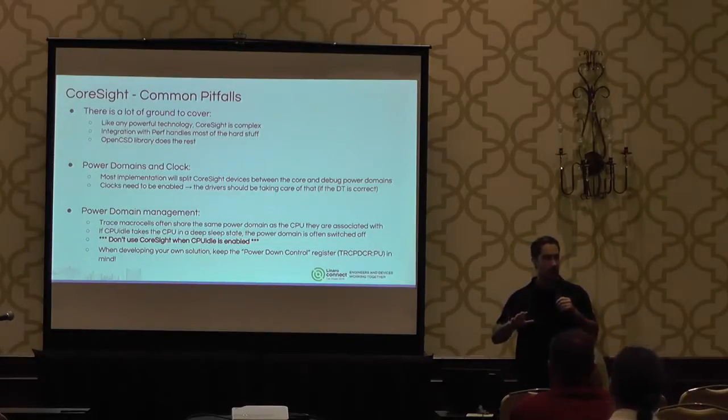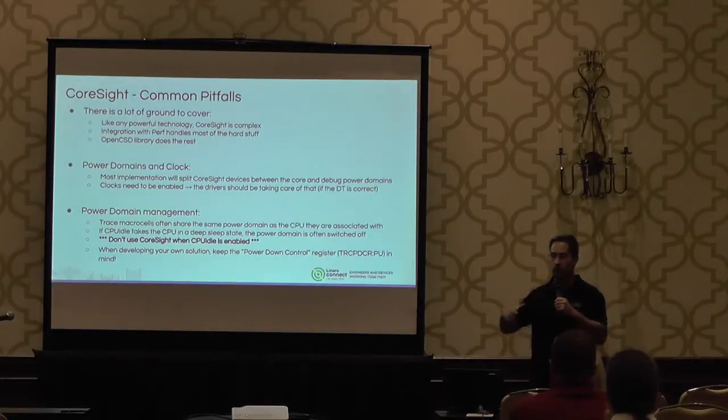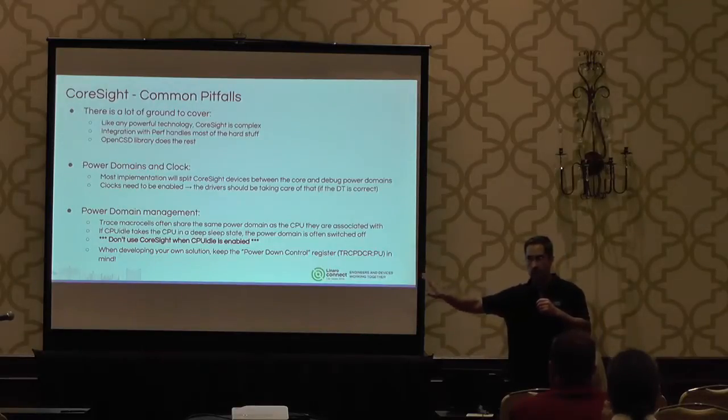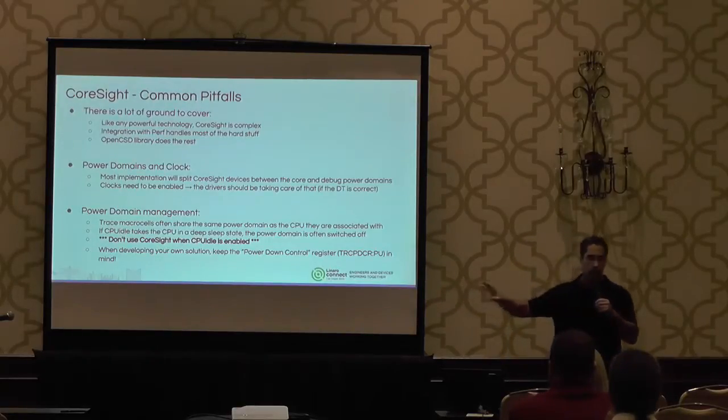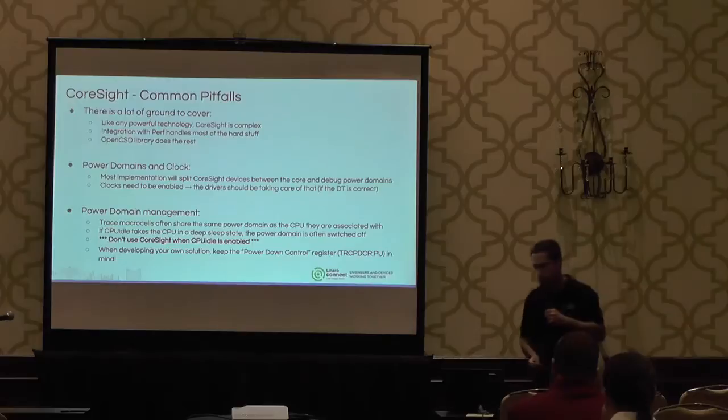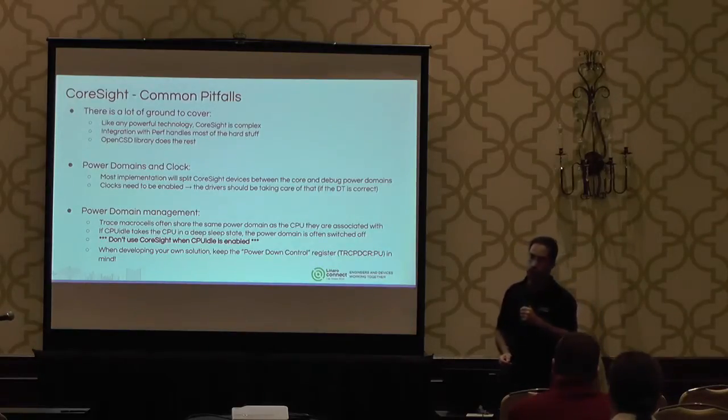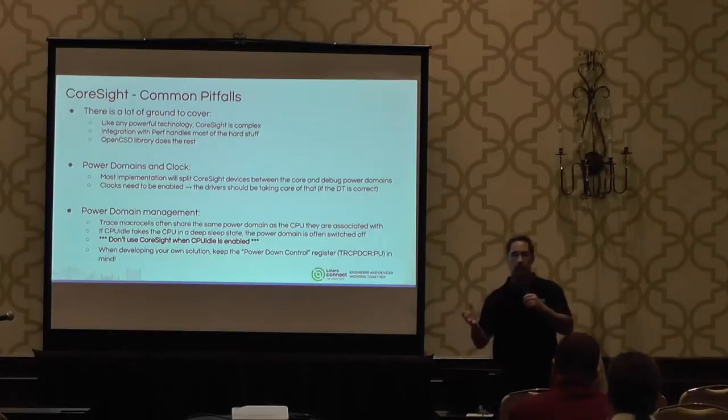If you have that, the CoreSight drivers will do the right thing with the clock, enabling and disabling it when it needs to use it. That part should be fairly straightforward if, as I said, your APB clock is handled by the Common Clock API. Something trickier to handle is the power domain, simply because the blocks will be split in more than one power domain.